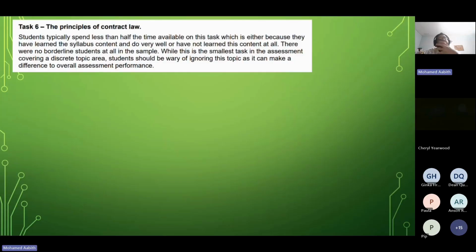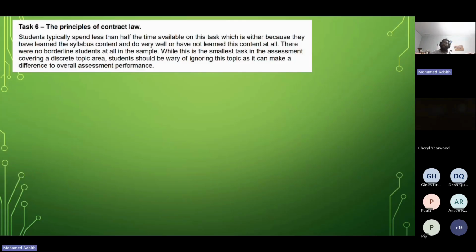But even though students still perform well, they could do better. They typically spend less than half the time available on this, which is either because they have learned the syllabus content and do very well, or have not learned this content at all. There are no borderline students at all in the sample. So what you have to remember is the students either do well or don't do well at all.